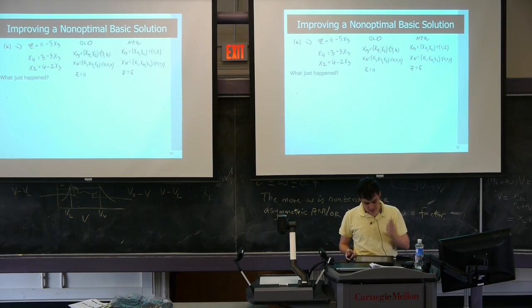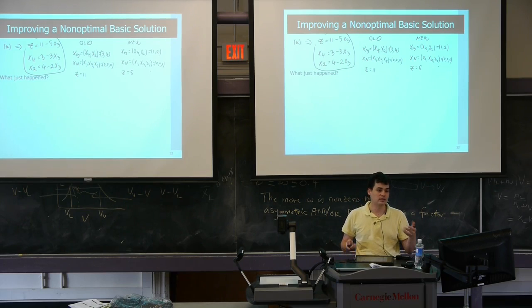So this is exactly what just happened. In the old system, the basic variables were x4 and x2, and the non-basic variables were x1, x3, and x5. Now we got a new system with basic variables x3 and x2, and the new non-basic variables x1, x4, and x5. We moved from one corner to another.